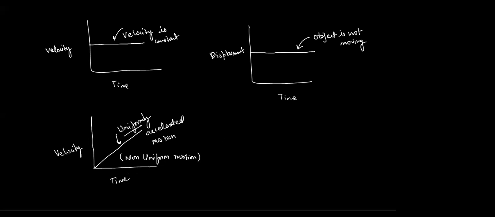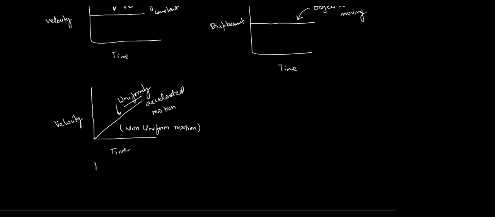We can also say that if the speed is changing this way, and the speed is changing this way, this is the velocity time graph, then it is non-uniformly accelerated motion.